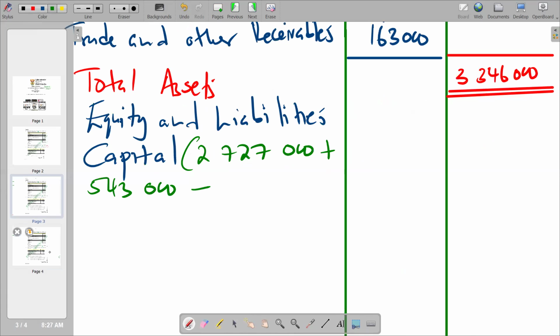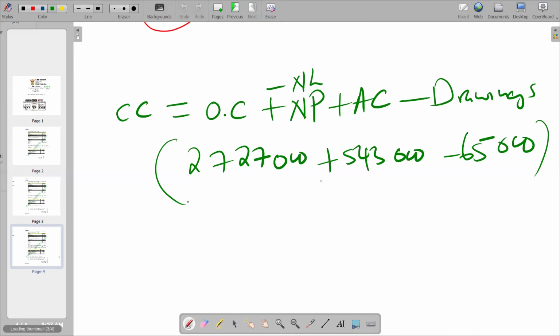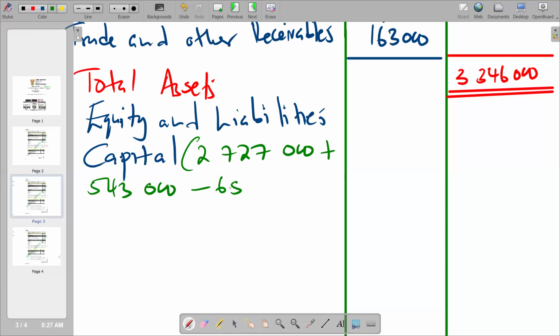Then we less our drawings, which is 65,000. So basically, this is our calculation. And then we get the figure for capital, which is 3,205,000. So the figure for our capital becomes the figure for equity.